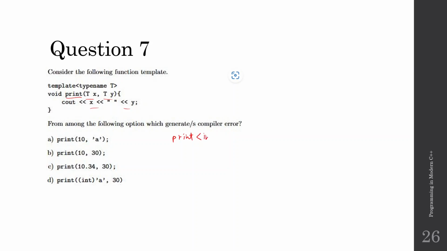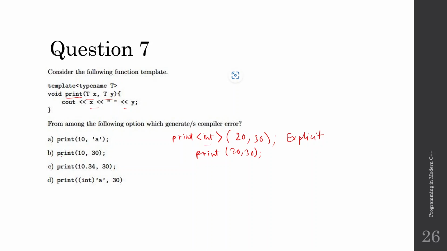So let's say we write print and in angular brackets integer, and then in the arguments we can specify two integers like 20, 30. So this is explicit. But we can also do it implicitly, where we just write print 20, 30, and the compiler will try to guess what is the type. This guess must be unambiguous. If there is ambiguity, then the compiler will throw an error.